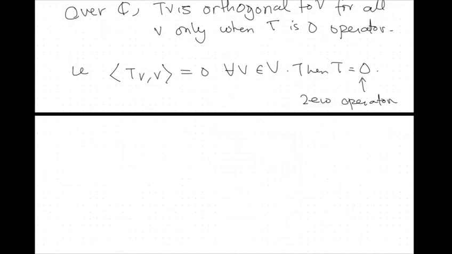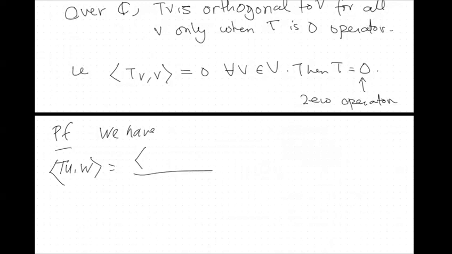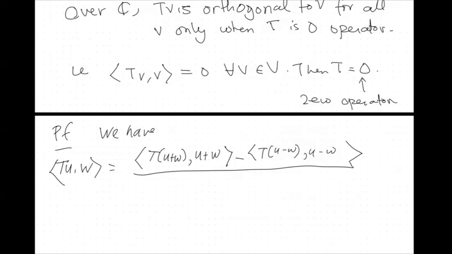This is like a trick proof. So we can express the inner product of T u and w as follows. For the real part, we get the inner product of T of (u plus w) and (u plus w), and then negative of the inner product of T of (u minus w) and (u minus w).